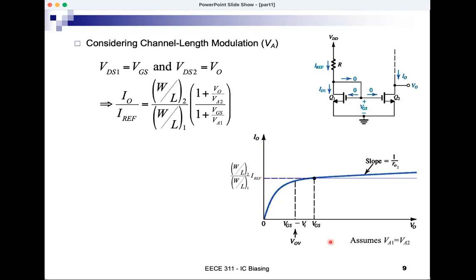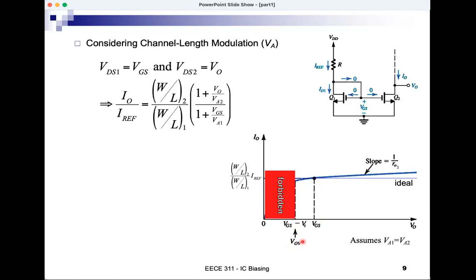Well, why am I getting this? Because these are the characteristics of the MOSFET, really. But if we restrict the range of VO to what we said, VO should be greater than VOV, we should really not consider this part.